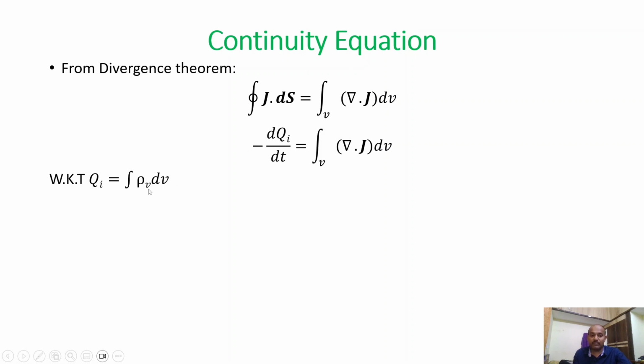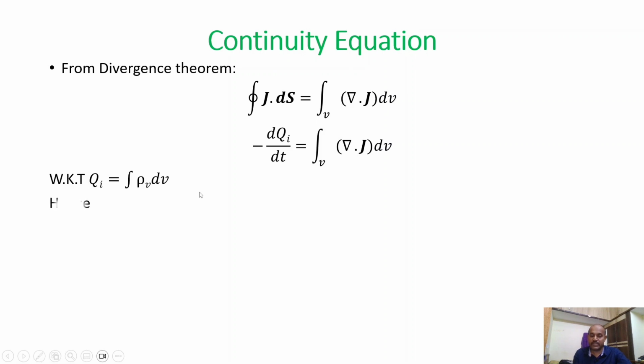From the definition of volume charge density, total charge by volume, rho v equals Q by dV. In other words, Q equals the volume integral of rho v dV. So in place of Qi, I will substitute the volume integral of rho v dV.